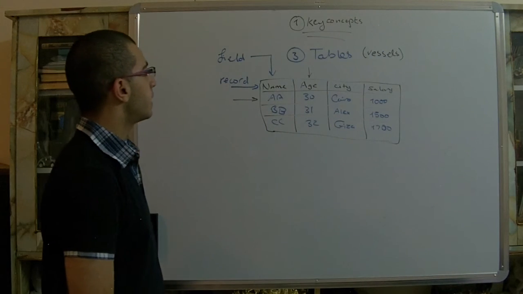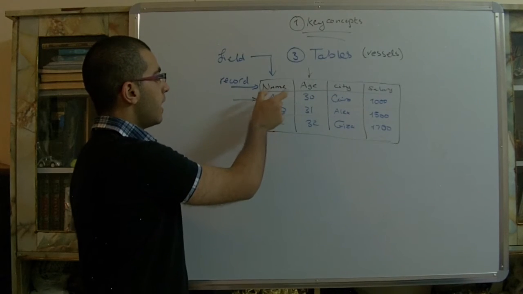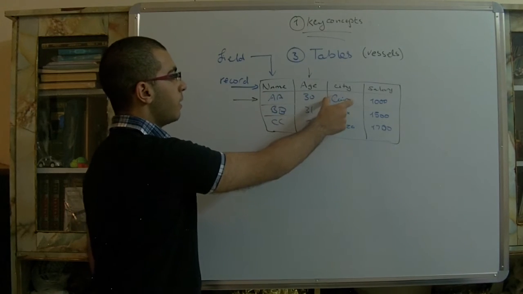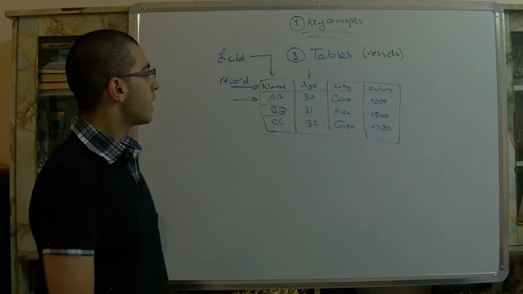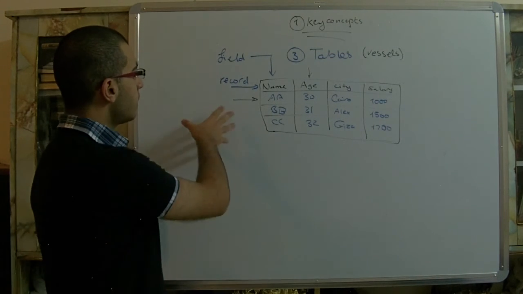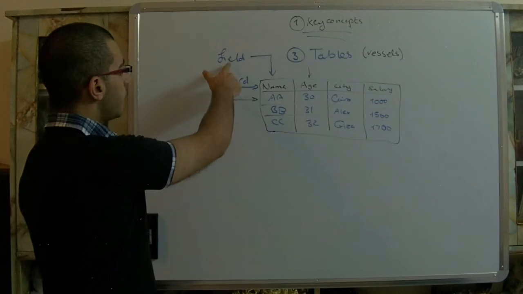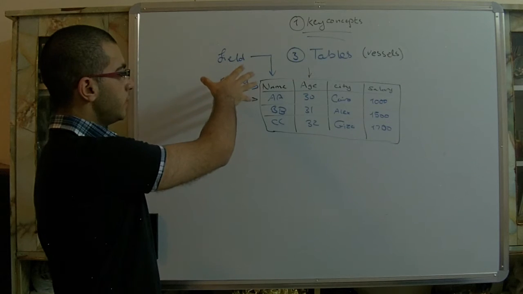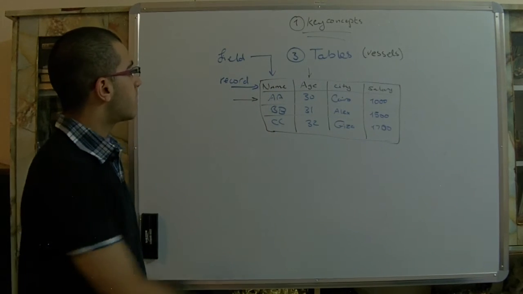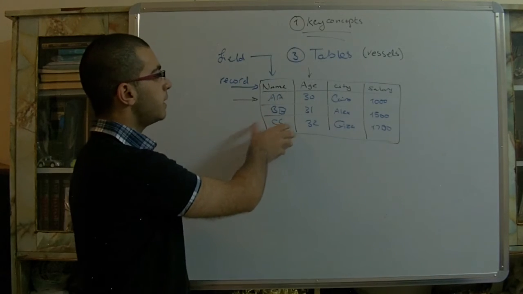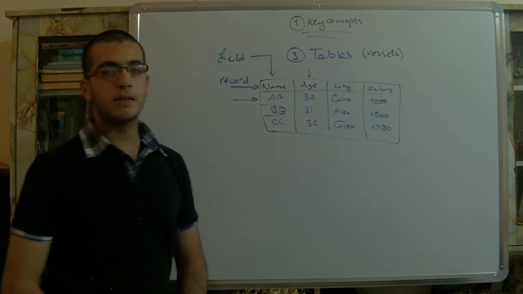We can notice that a record contains different types of data: a name, age, a city like Cairo, salary 1,000. So a record contains integrated types of data, while the field, or the column, contains only one type of data: names only, ages only, cities only, salaries only, and so on.